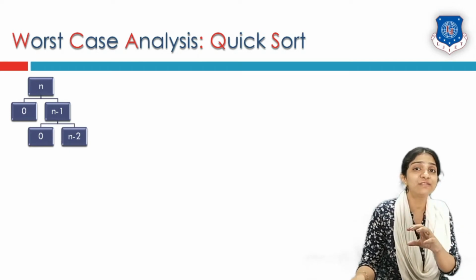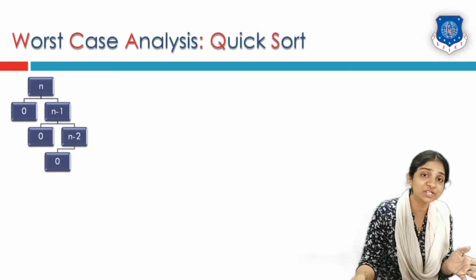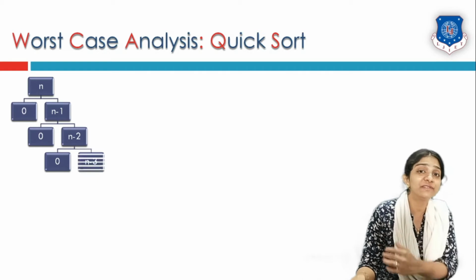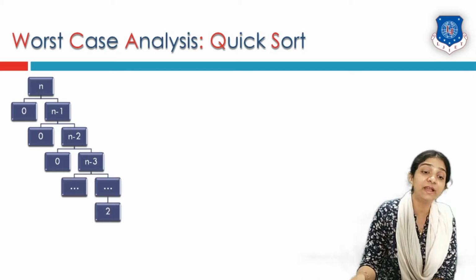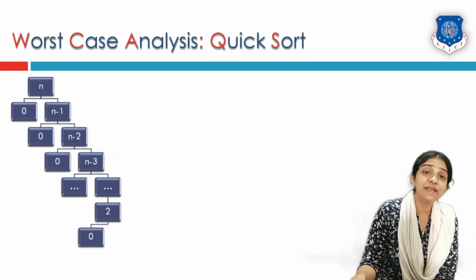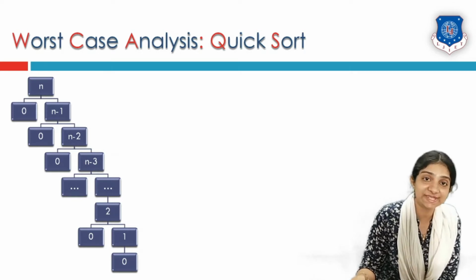Now to sort n-2 elements, if the pivot is sorted towards the left, there would be no elements which need to be sorted, and the left subarray will contain n-3 elements. And this will keep on repeating until our left subarray contains only one element, which is directly sorted by itself and no more steps will be done.